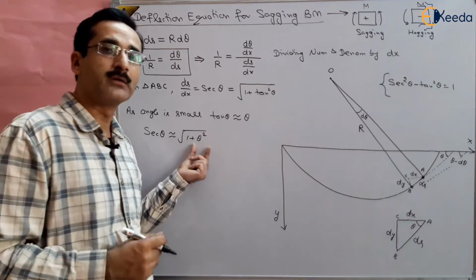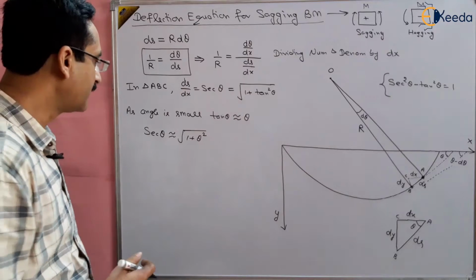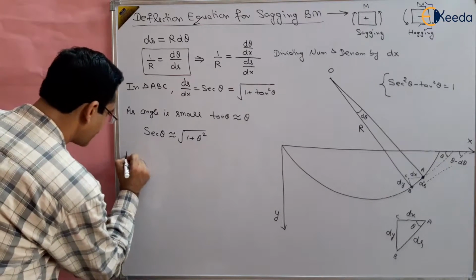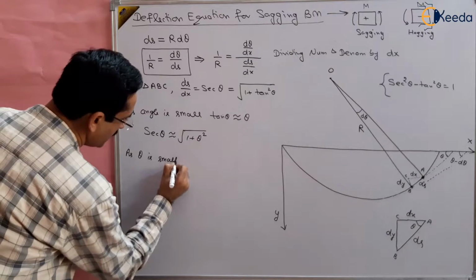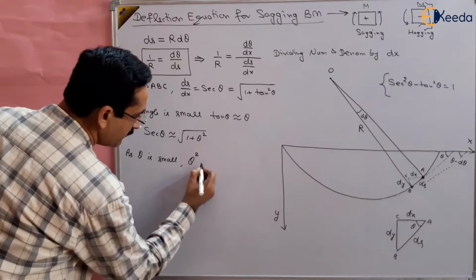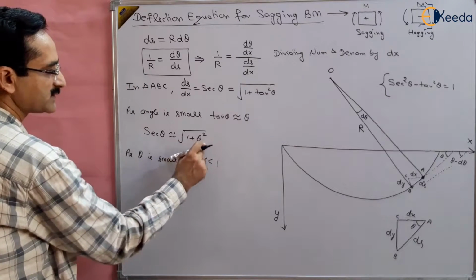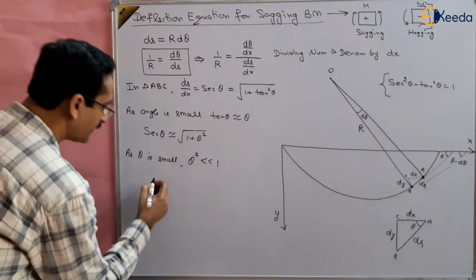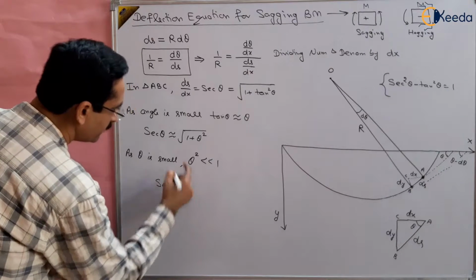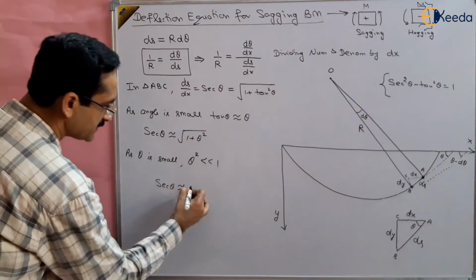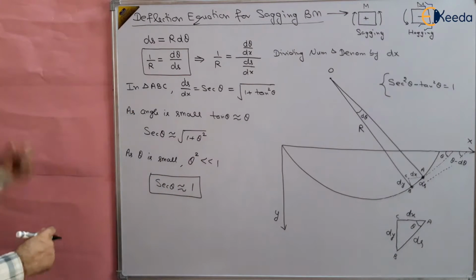And theta is small, so the square of the small angle will be further small, which can be neglected, right? So theta square will be much less than 1, and we can write secant theta is nearly equal to under root 1, which is equal to 1, right?